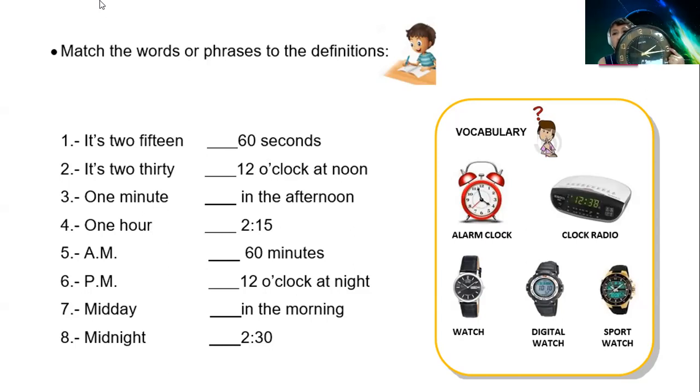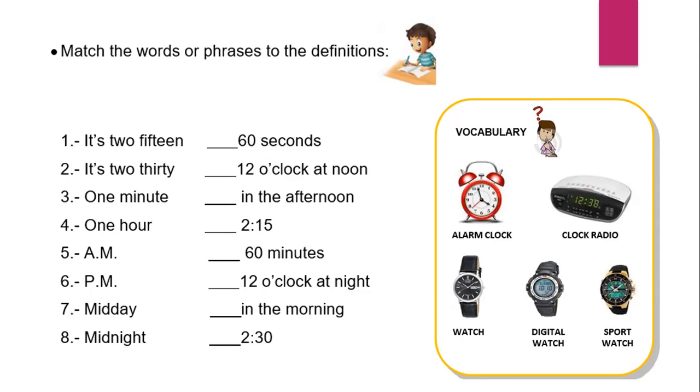En el número 3 están los minutos, el minuto 15. ¿De acuerdo? It's 2:15. Bien. Tienes que relacionar dónde está. A la derecha, ¿cuál es el que significa lo mismo? 60 seconds, 12 o'clock at noon, in the afternoon. Ajá, it's 2:15, ¿de acuerdo?